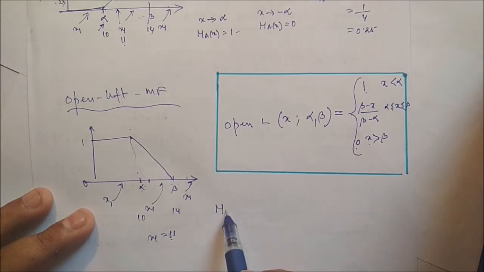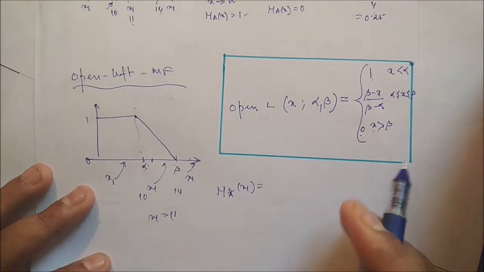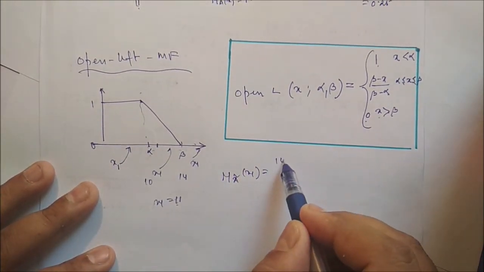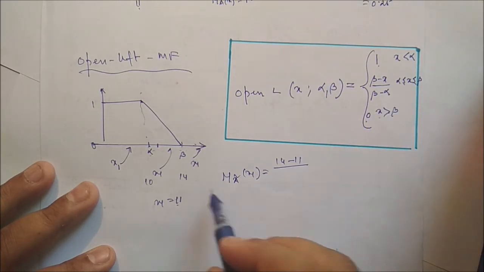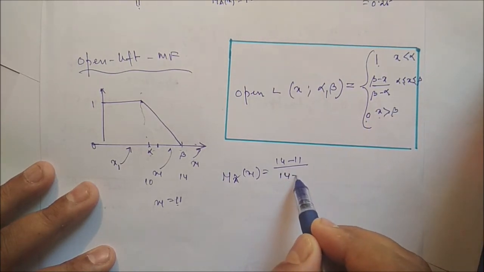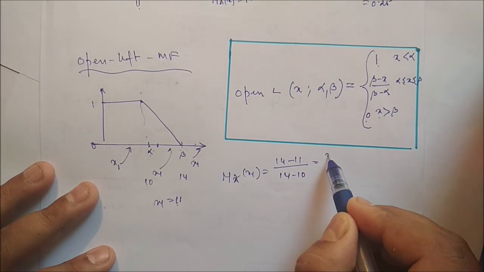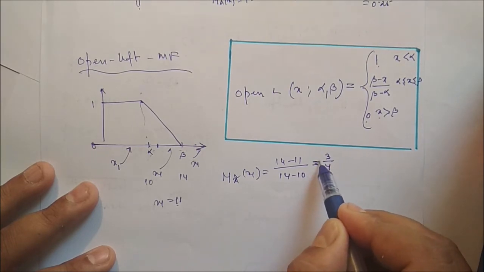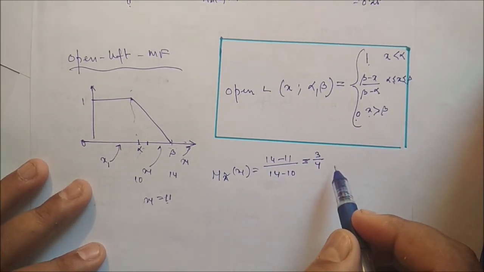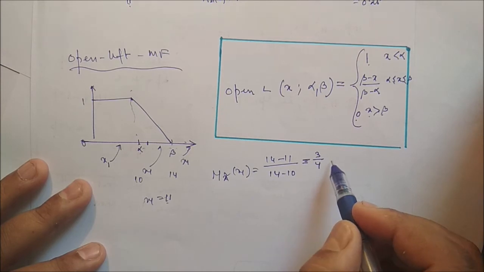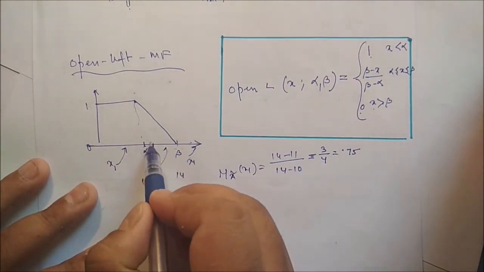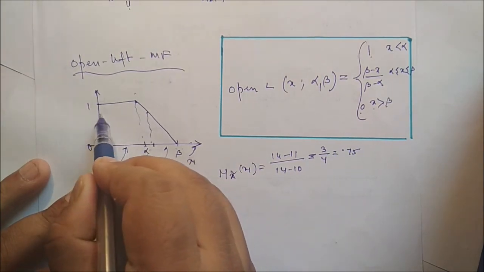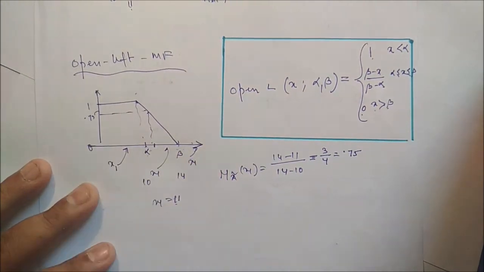The membership value of x1 will be beta minus x, where beta is 14, divided by beta minus alpha, so 14 minus 10. It is 3 by 4, so it is 0.75. It is somewhere here.